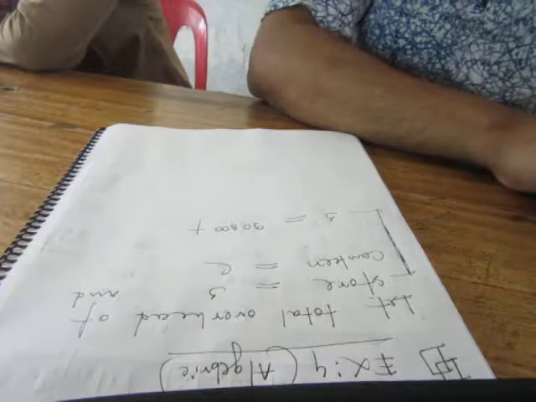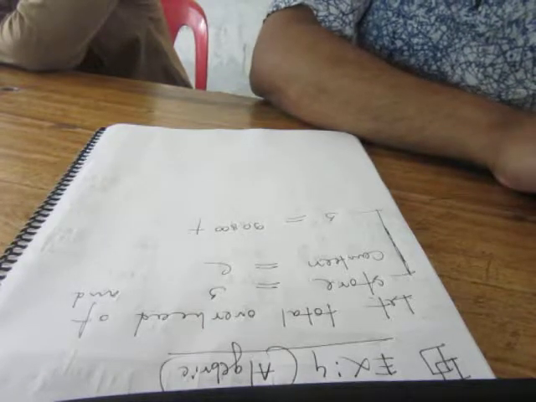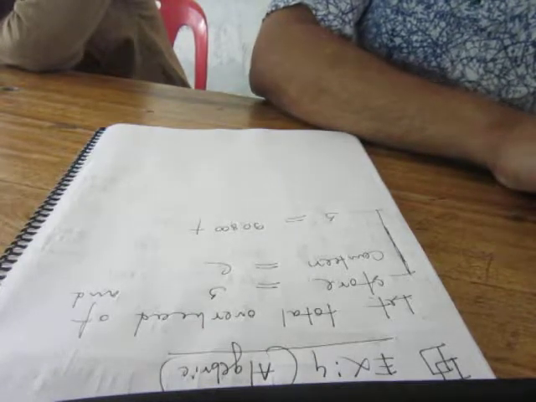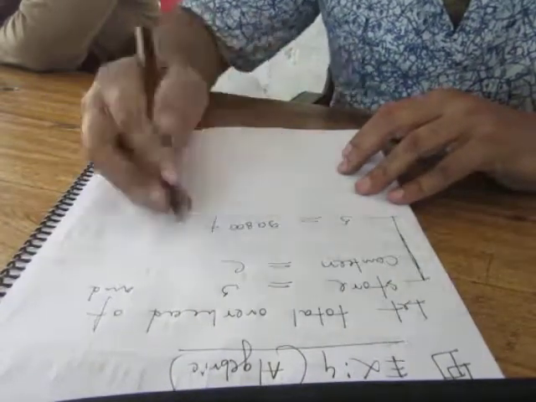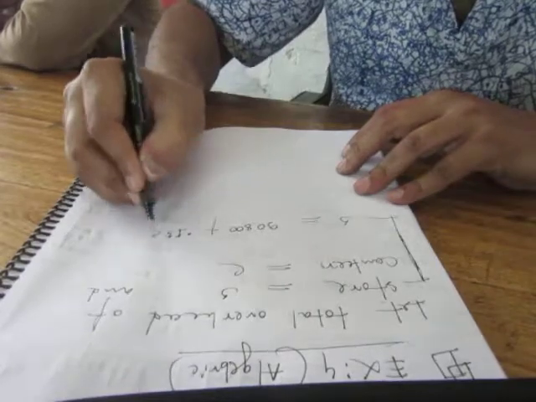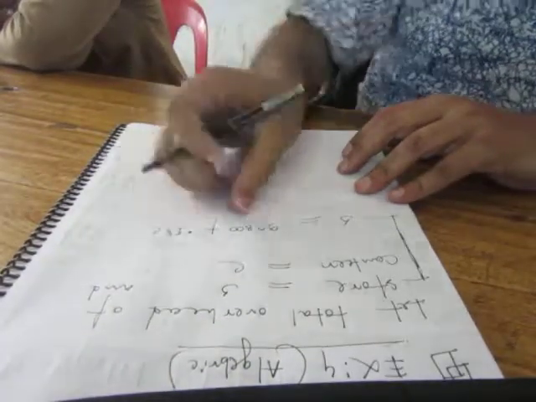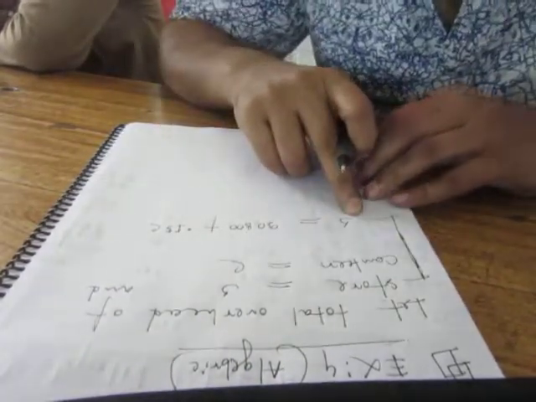What percent of the canteen comes to the store? 15%. Canteen overhead is C, so 0.15C comes from the canteen. As a whole, it makes the total overhead S.